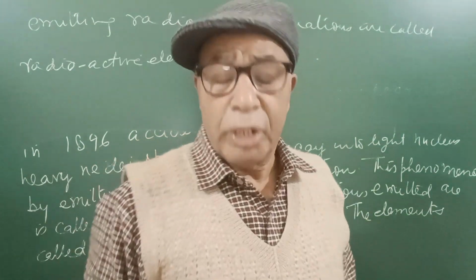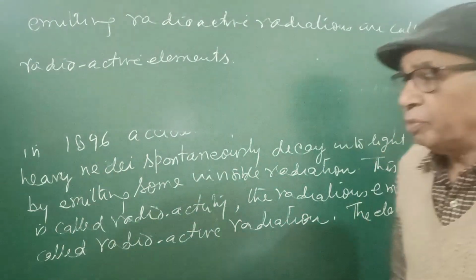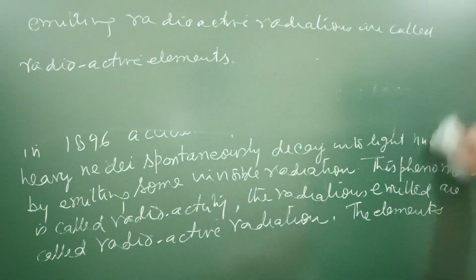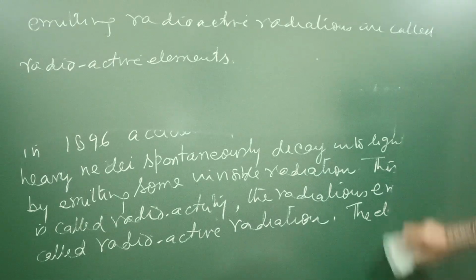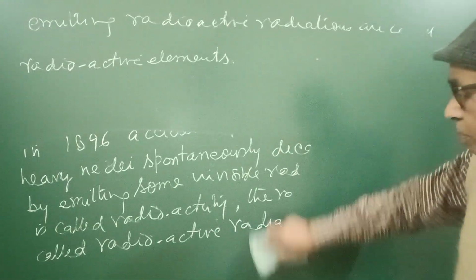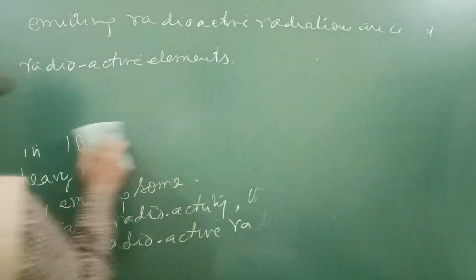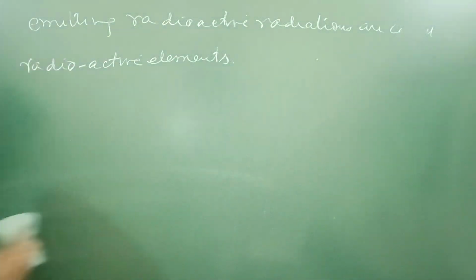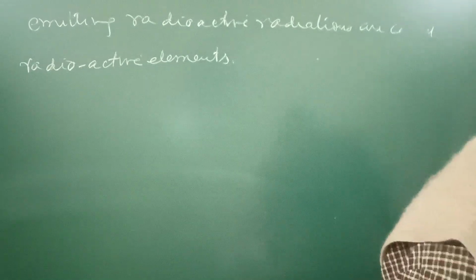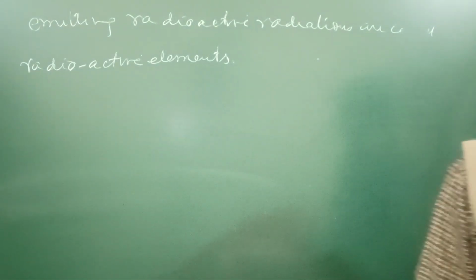The reason for this radioactivity, which I told you while telling binding energy and nuclear force, is very simple, because heavier nuclei have a large number of nucleons, and the nuclear force is a short range force.